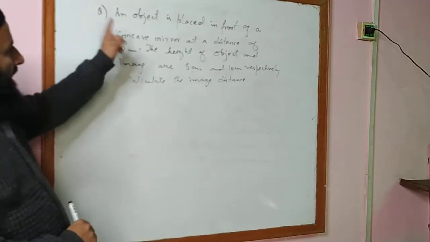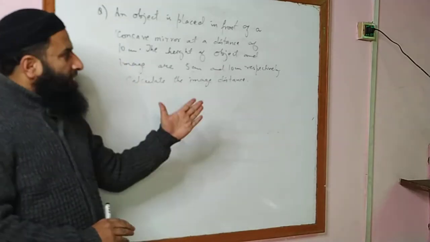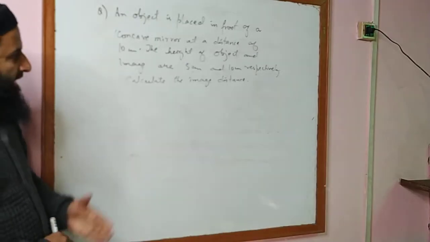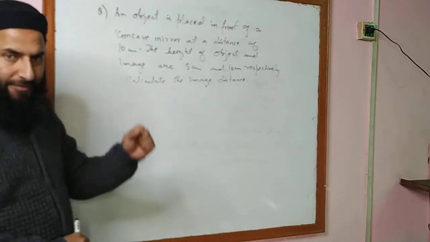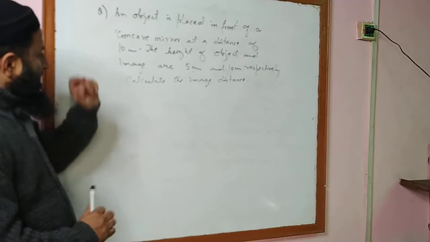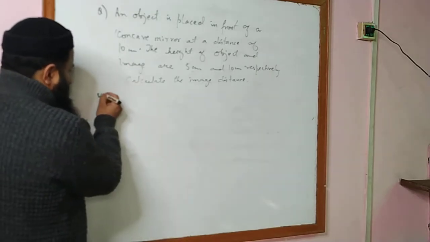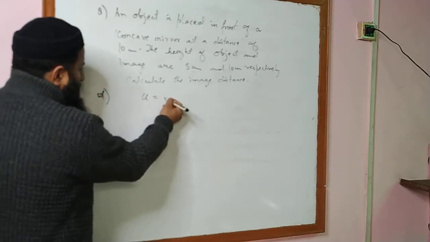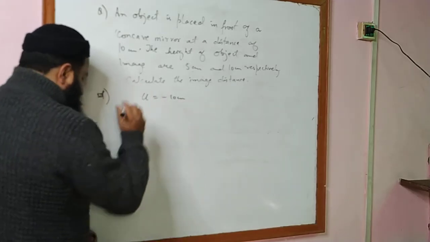What is the numerical? An object is placed in front of a concave mirror at a distance of 10 centimeter. Object distance is 10 centimeter. So let me solve it now. U equals minus 10 centimeter. Why minus?